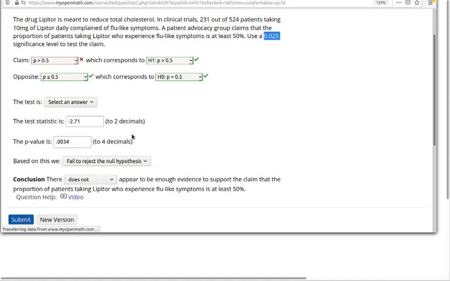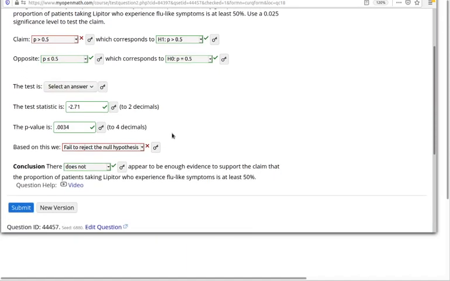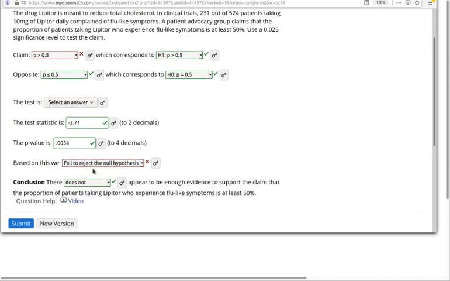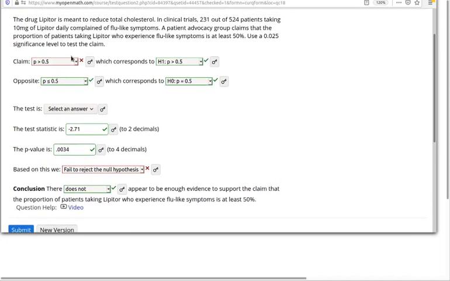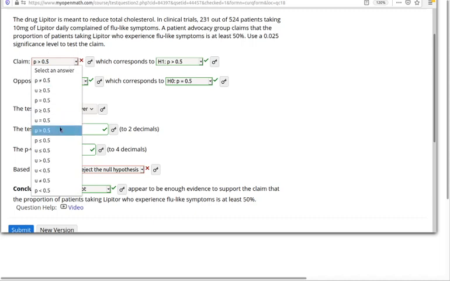So let's see what happens. It tells me my conclusion about the null hypothesis is wrong, but my overall conclusion is correct. Now let's say I come through here and I change my answer. I realize, oh, this should actually be: at least means greater than or equal to.